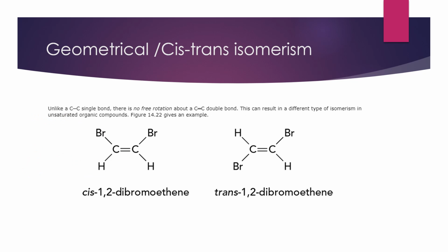For geometrical or cis-trans isomerism, this happens to the group of alkene. So the isomers have the double bond.